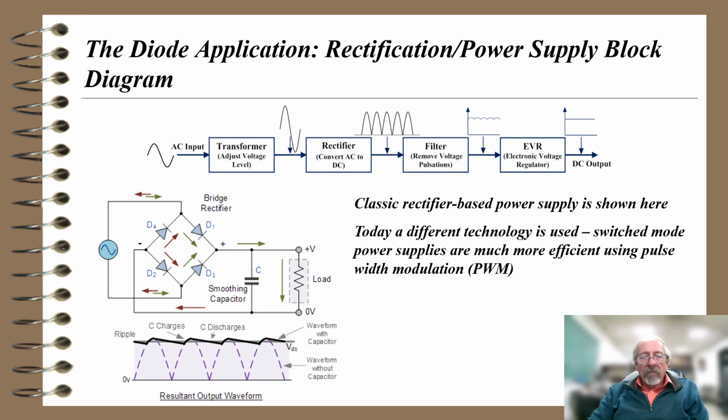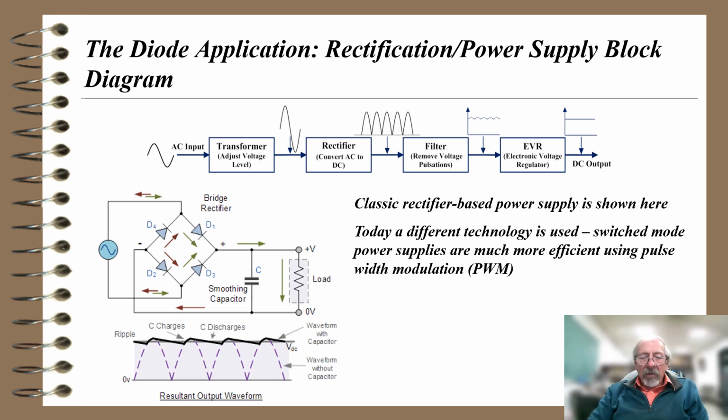Then we go into a rectifier that converts AC to DC. That is either a half-wave diode rectifier, like we showed in one diagram, or the bridge rectifier that's shown here. Notice a bridge rectifier has positive pulses continuously coming out of it, whereas the half-wave rectifier only had a positive pulse every other time.